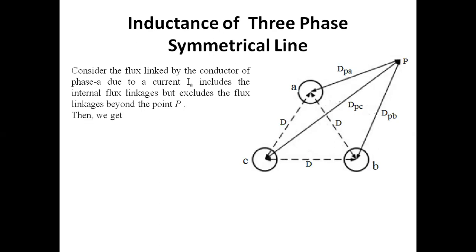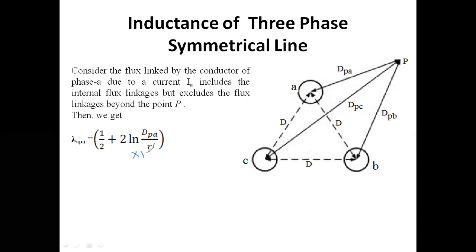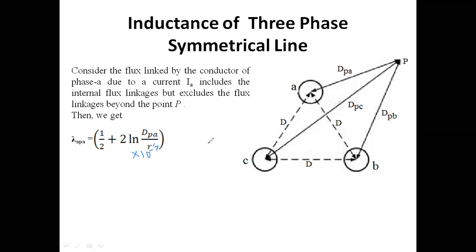Then what will be the flux linkages? Lambda APA due to current IA only becomes (1/2 + 2 ln(DAP/r')) into 10 to the power minus 7 IA, which becomes 2 into 10 to the power minus 7 IA ln DPA divided by r'.